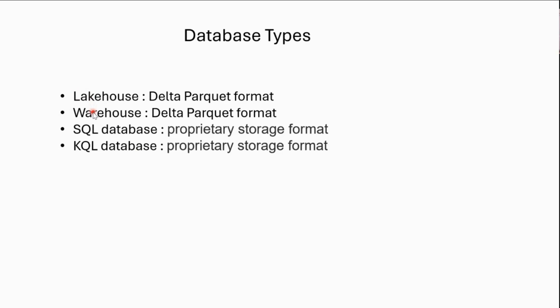But for now, let's just understand that as of today, there are 4 database types. And a new database type is also coming, recently revealed, called Cosmos database. That is a NoSQL database.